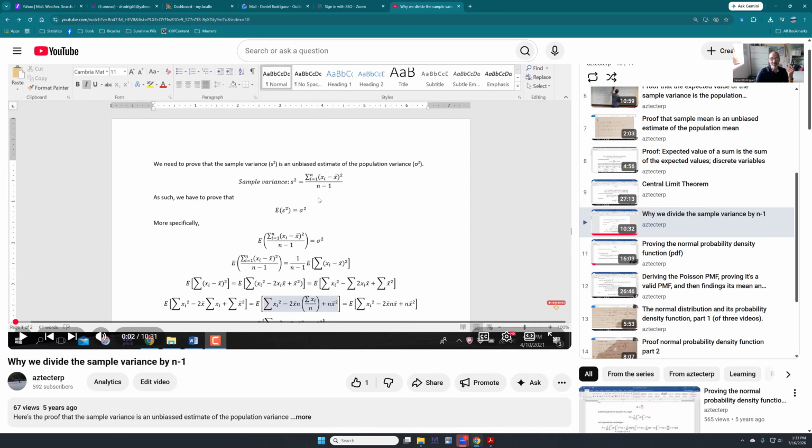True, but we always talk about how the sample variance is an unbiased estimate of the population variance. To prove that, if we don't divide by n-1, it wouldn't work, right? So losing that degree of freedom there is critical.